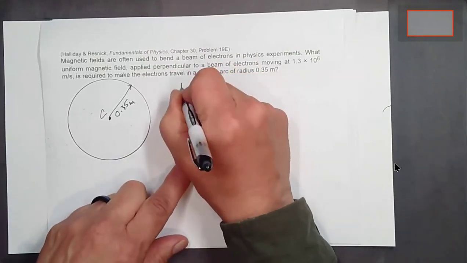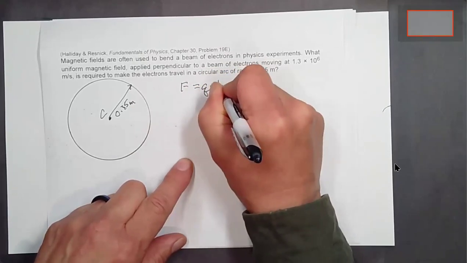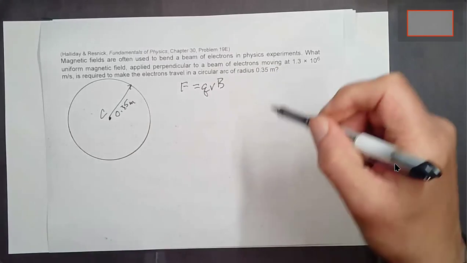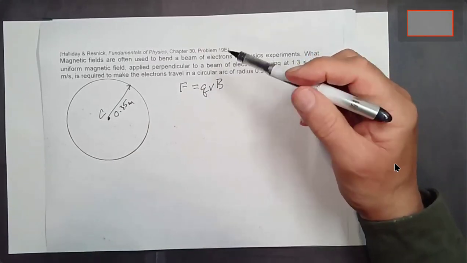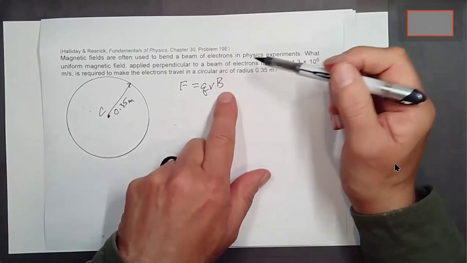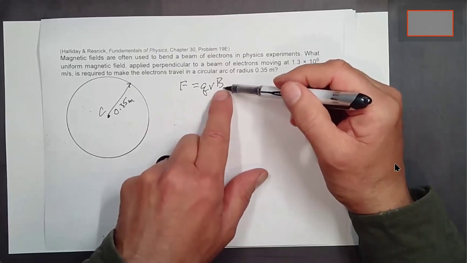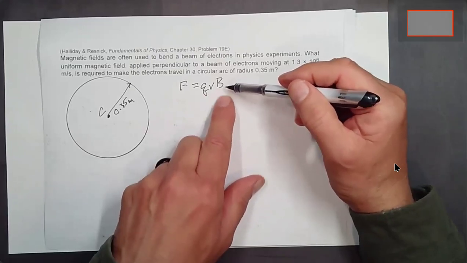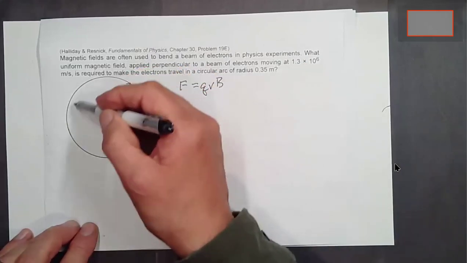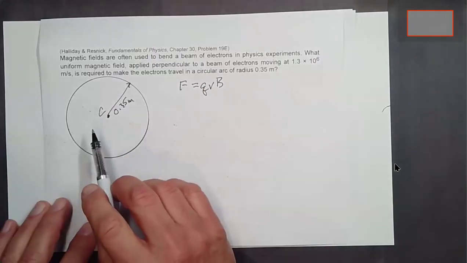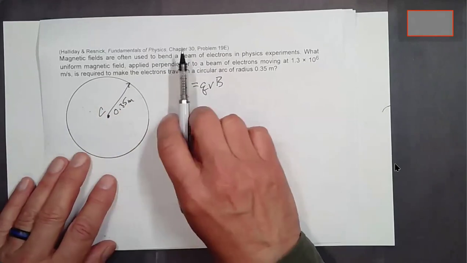If we have the magnitude of the force is QVB, I left off the sine theta because we're going to assume that the velocity and the magnetic field are perpendicular. So the plane that this electron is traveling in, yes, electrons, not just one, is perpendicular to the magnetic field.